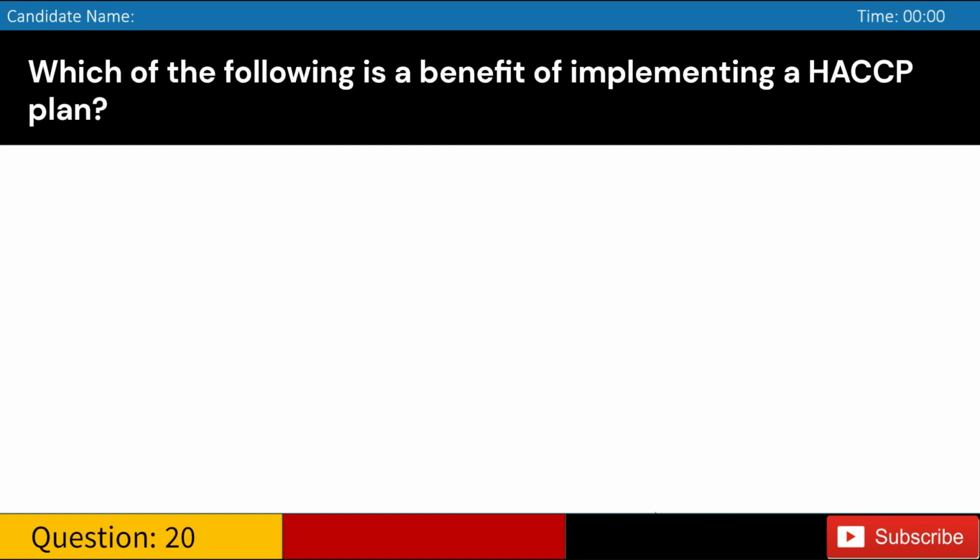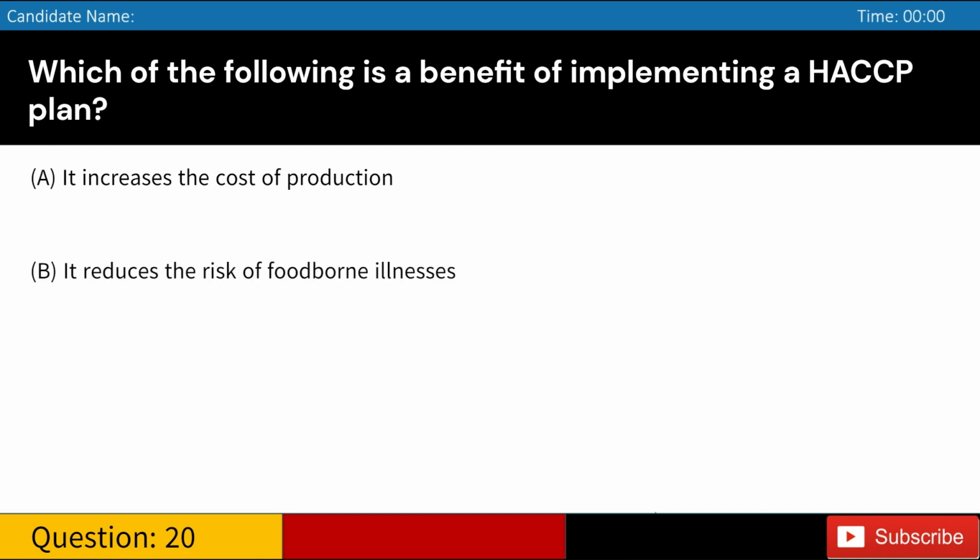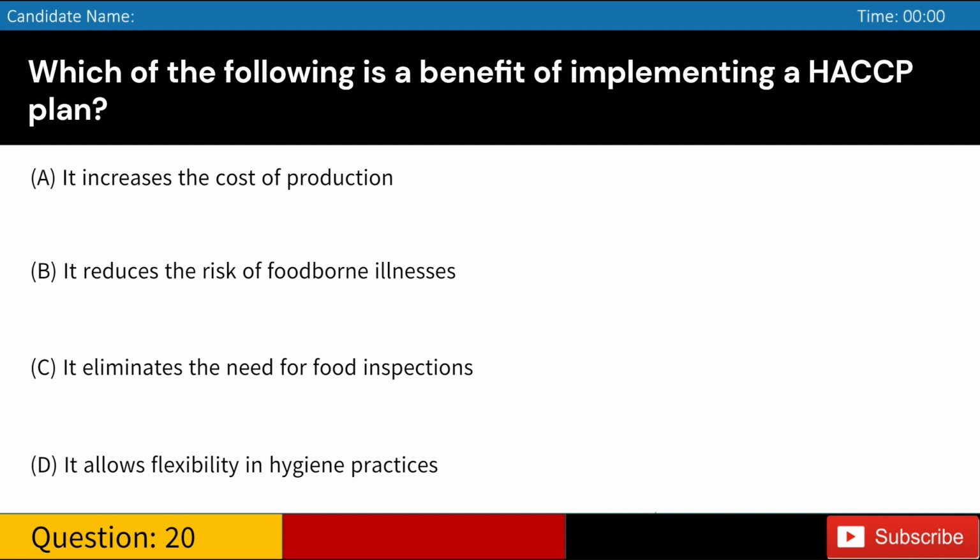Which of the following is a benefit of implementing a HACCP plan? A. It increases the cost of production. B. It reduces the risk of foodborne illnesses. C. It eliminates the need for food inspections. D. It allows flexibility in hygiene practices. Answer B. It reduces the risk of foodborne illnesses.